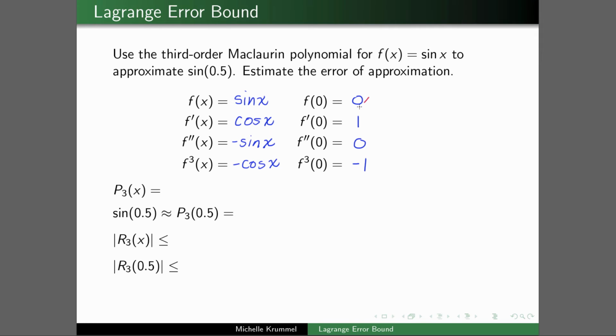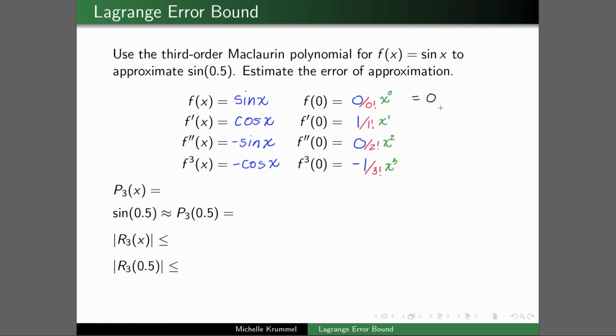So I have 0 divided by 0 factorial, 1 divided by 1 factorial, 0 divided by 2 factorial, and negative 1 divided by 3 factorial. Then I multiply by x to the power n. So x to the power 0, x to the power 1, x to the power 2, x to the power 3.